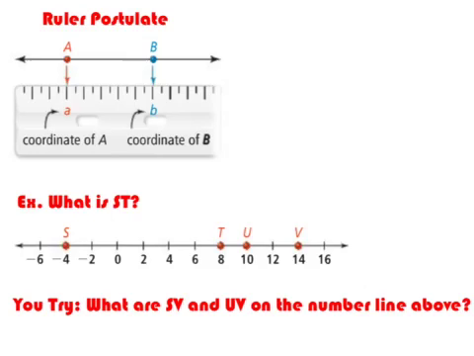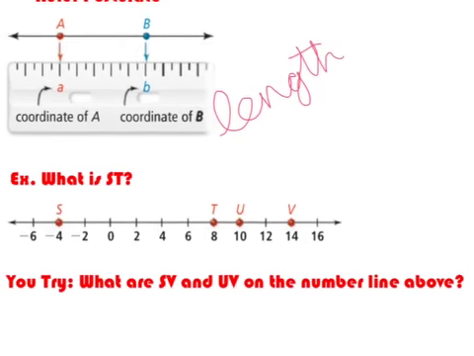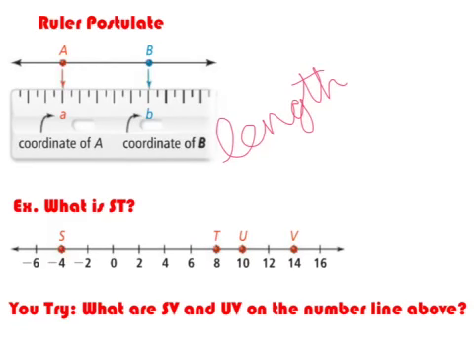So that's something you might want to put down in your notes, that when we talk about the length, we don't use a bar over it. So the length of AB would just be length AB.